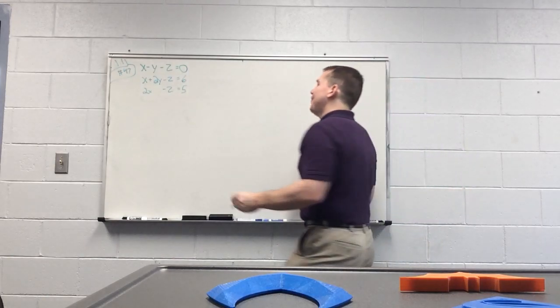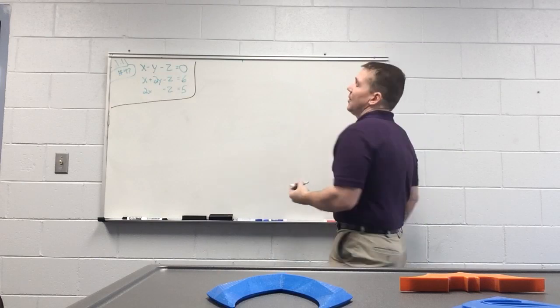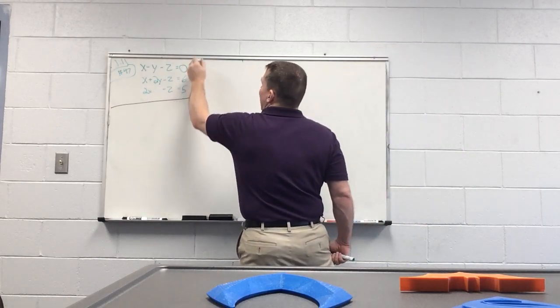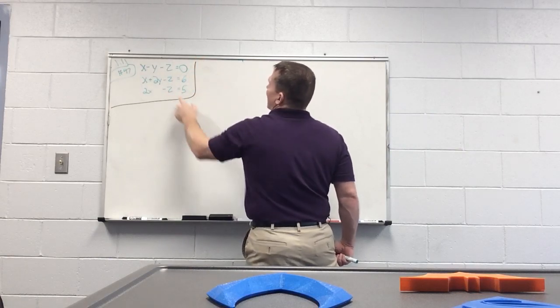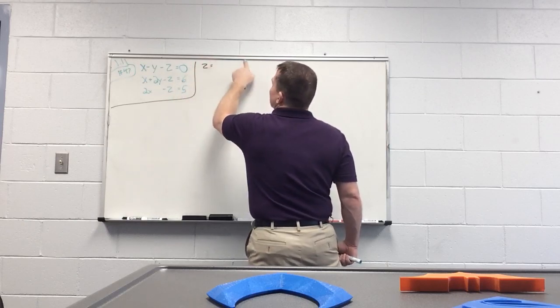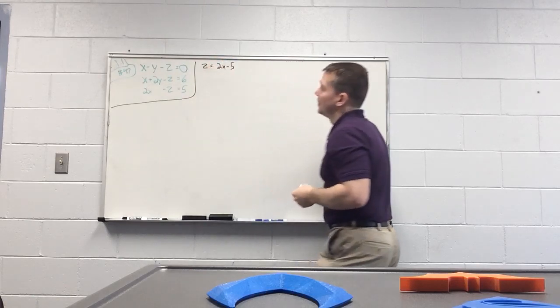And again, different ways to go here. I guess I'll start with the third equation, and I'll solve it for z. Why not? Add the z, subtract the 5, and I get z equals 2x minus 5.